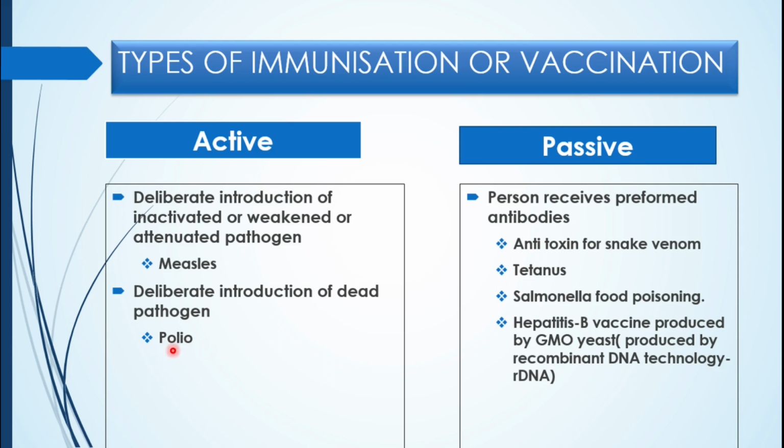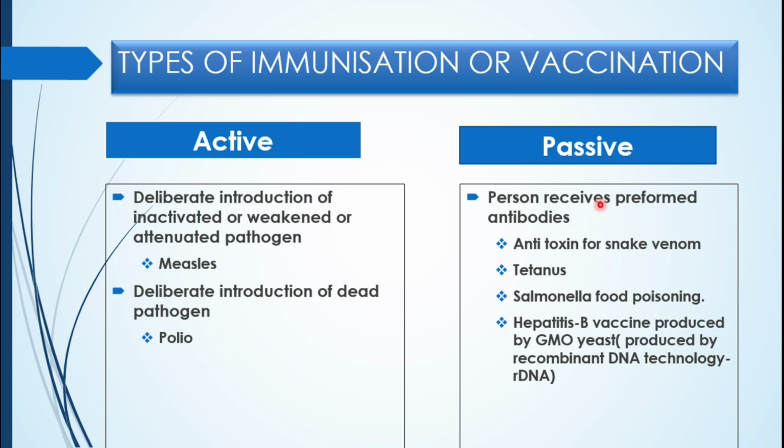And subsequent exposure to the same kind of virus at a later stage in life will definitely help in protecting the child against this deadly disease polio. So both these are active kinds of immunization, where the body is actively producing antibodies to help the person at a later stage in life.